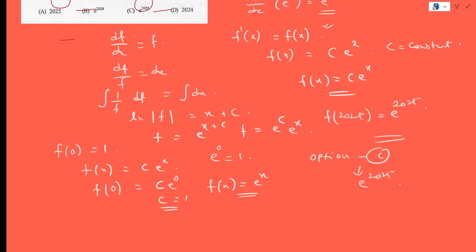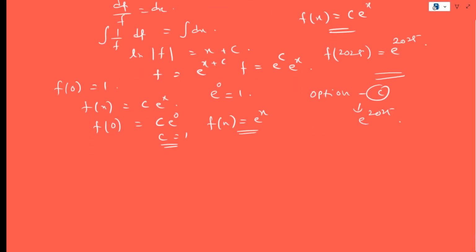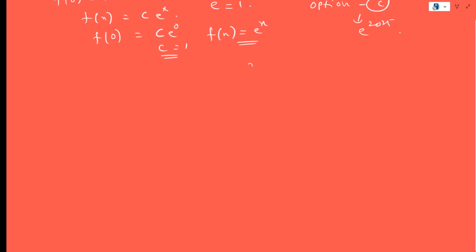All right. Now imagine differentiating e to the power x again and again. Other functions become very tired. Like x to the power 5 becomes 5x to the power 4, then 20x cube, and this tends to 0.